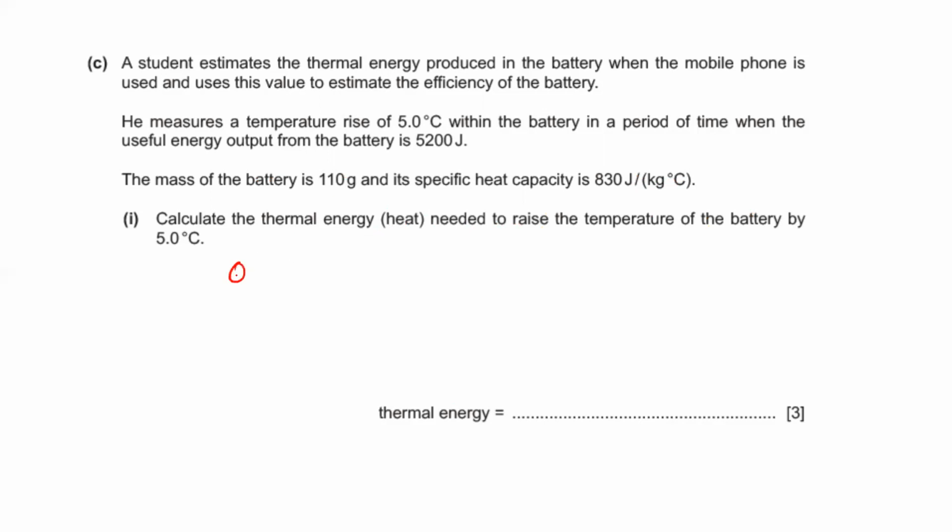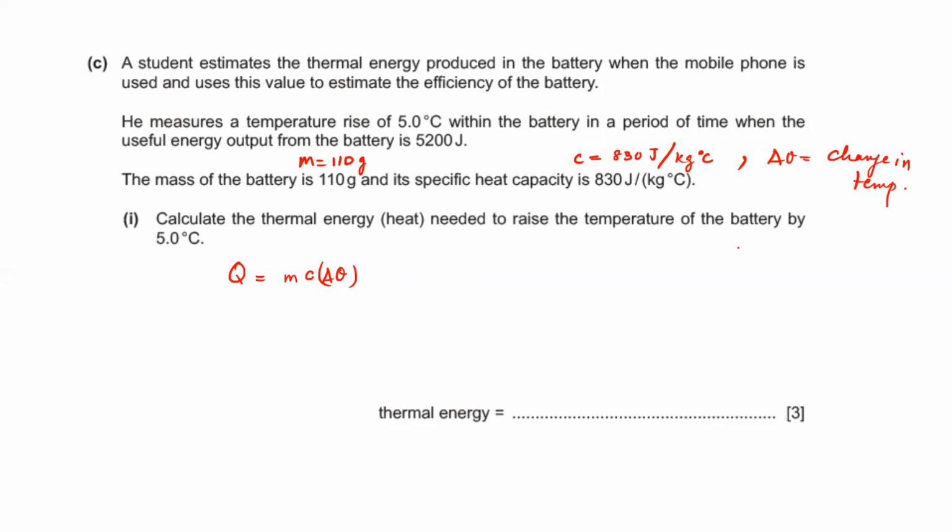Remember the formula Q equals m c delta theta, where m is mass, c is specific heat capacity, 830 joules per kg degree centigrade, and delta theta is the change in temperature.